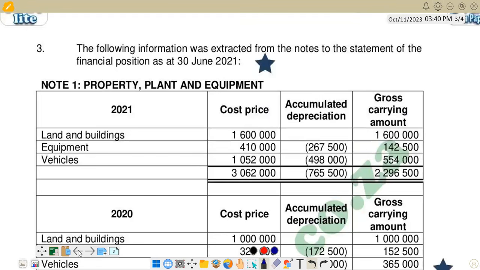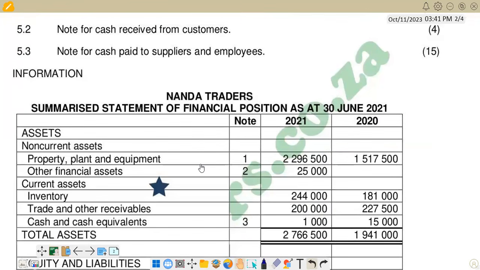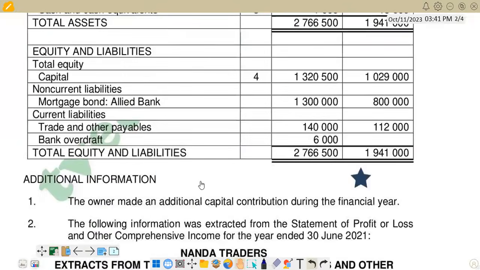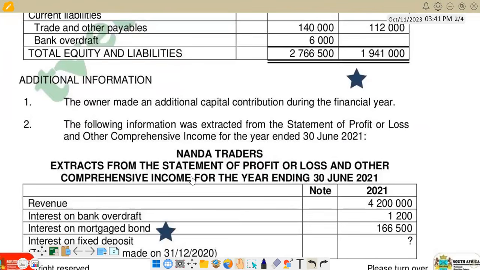Here we don't see it. Let's try the first page, and then we go down to check the figure for revenue. We have some figures beneath that table. Right, we have the figure for revenue here. We are given extracts from the statement of profit or loss and other comprehensive income for the year ending 30 June 2021. So this is the figure for revenue, which is 4,200,000.